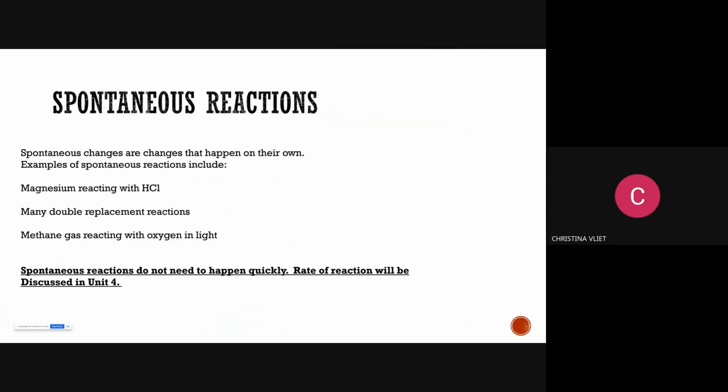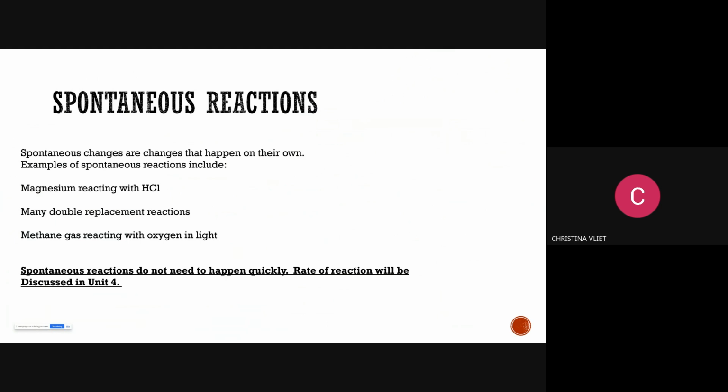Okay, so this leads us into spontaneous reactions and spontaneous things that happen. The first type of question you're going to have in your homework is to predict whether something happens on its own or doesn't.